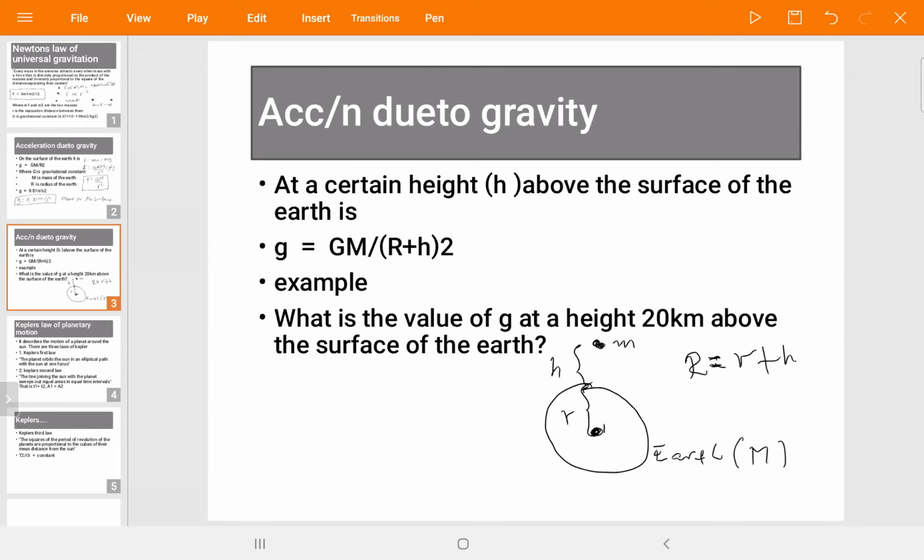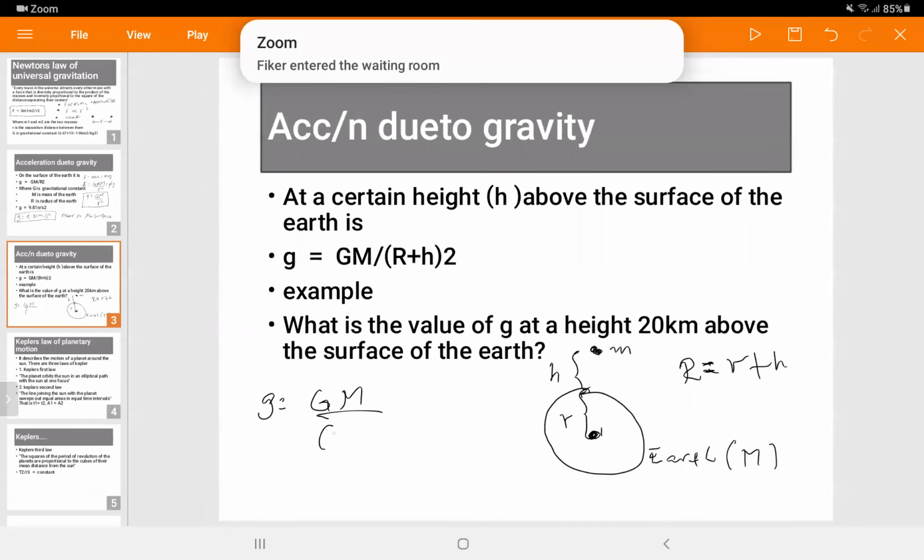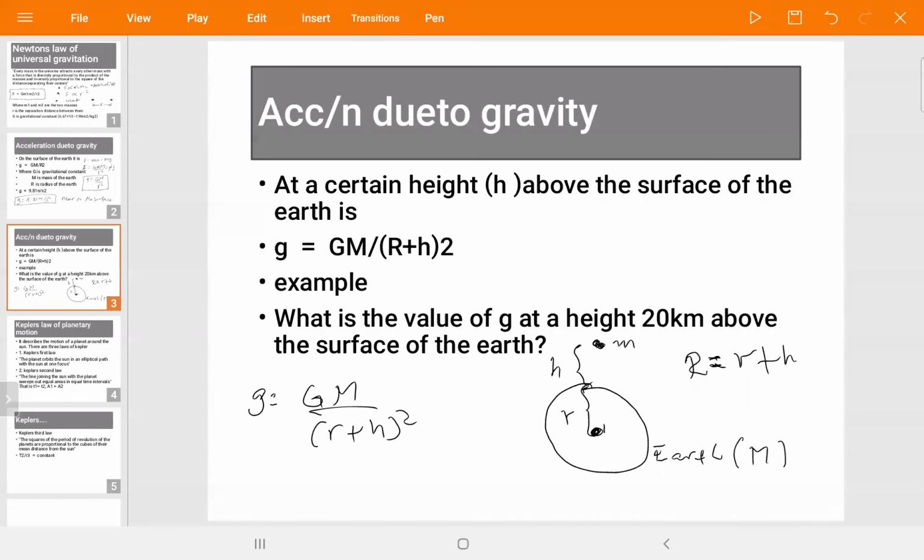Then the gravitational acceleration now will be g equals the gravitational constant times the mass of the Earth divided by the radius of the Earth plus h, the whole squared, because the object is placed at a height of h above the surface of the Earth.